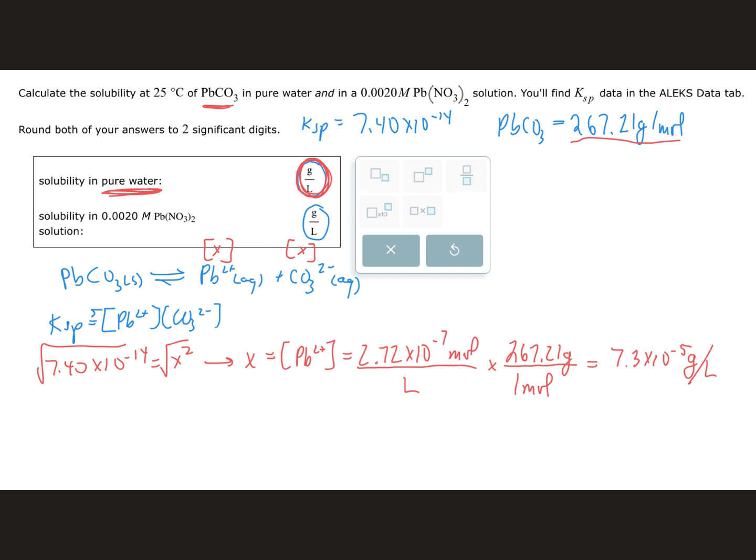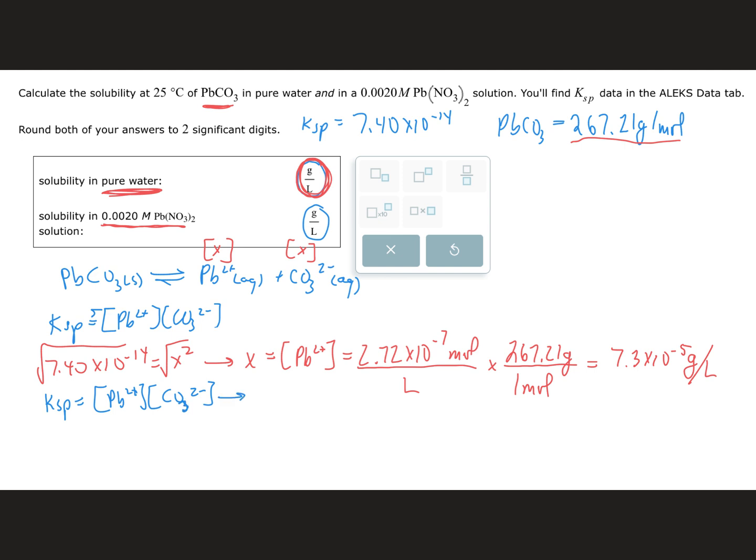The next one, we have a common ion in solution, and so the calculation is going to be a little bit different because we need to take into consideration this strong electrolyte, 0.002 molar lead nitrate. We can set up the same KSP, right? We know KSP equals my concentration of lead times my concentration of carbonate.